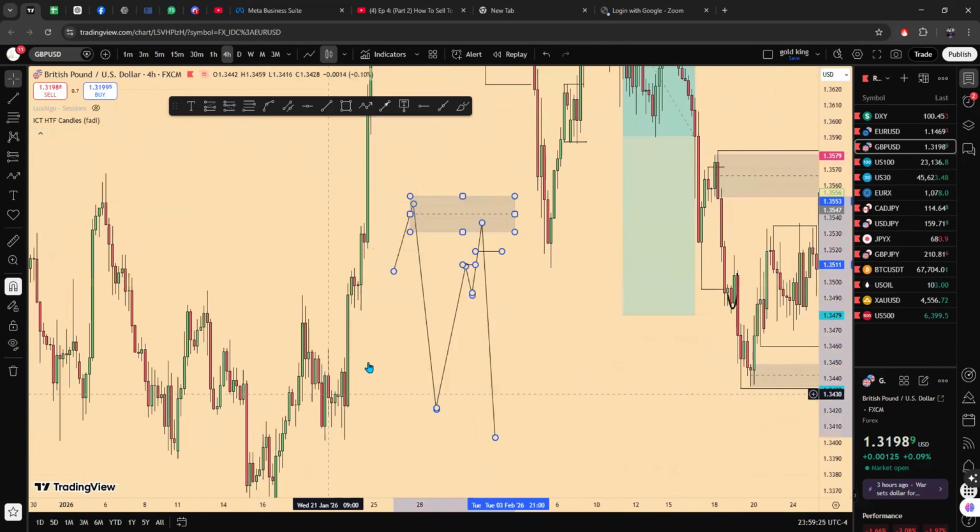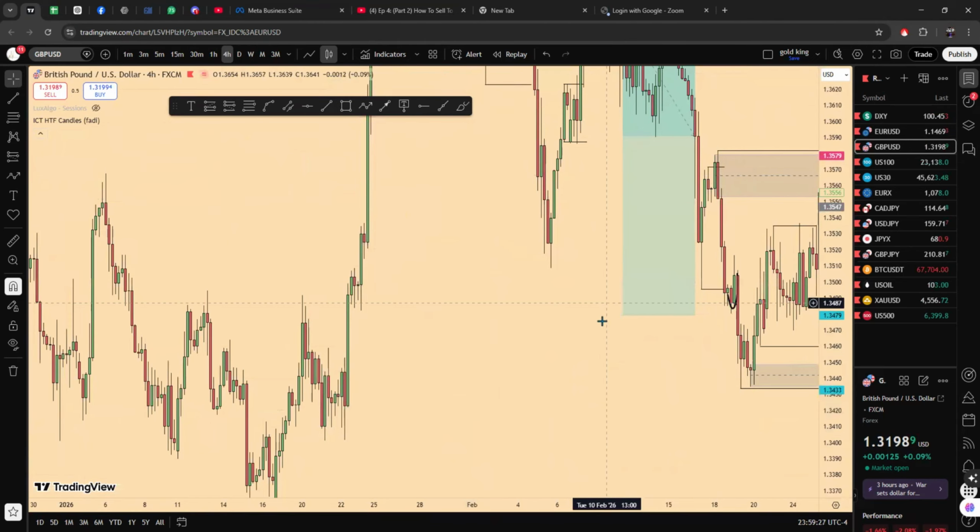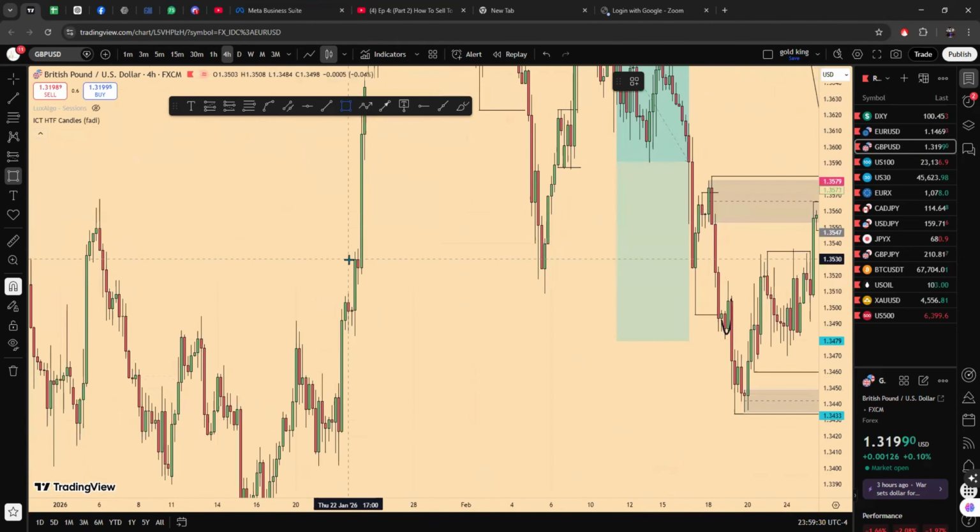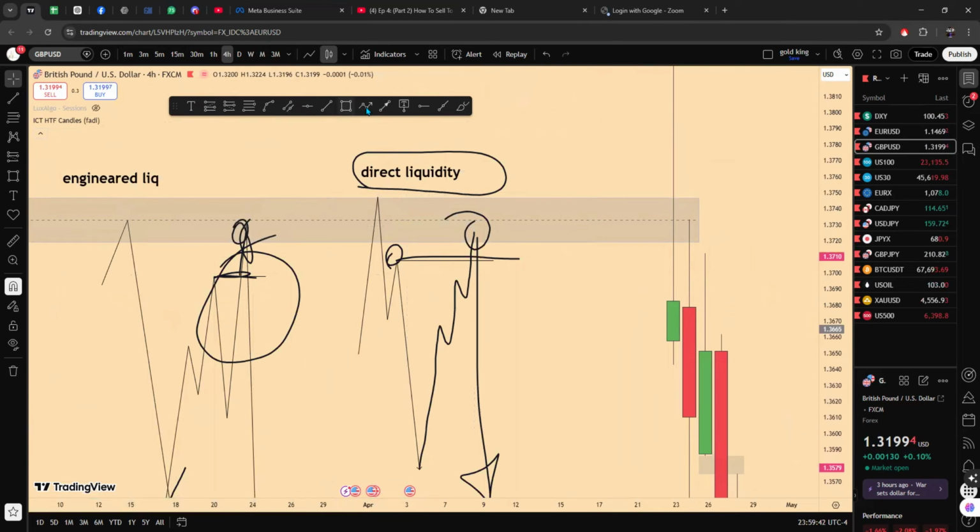Now, there is another scenario here, which we have with this other block. This situation is when price uses your key level as liquidity. You can just call it key level liquidity.